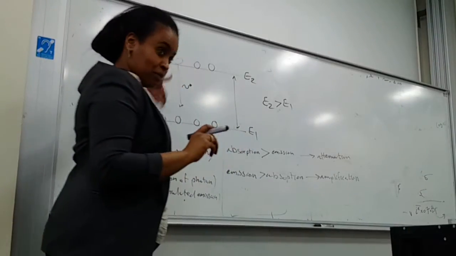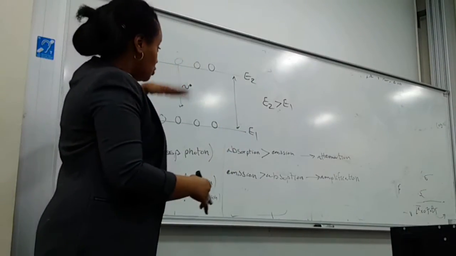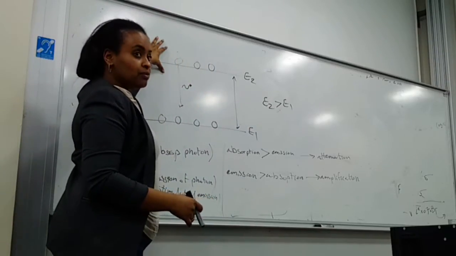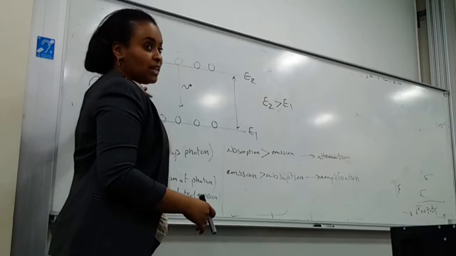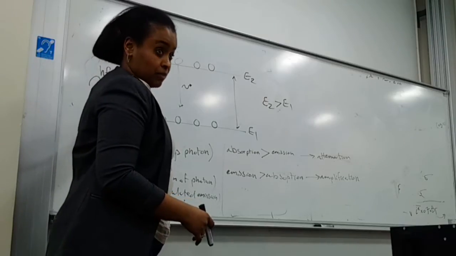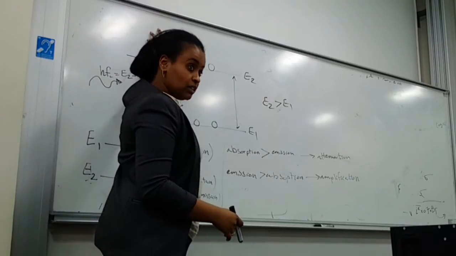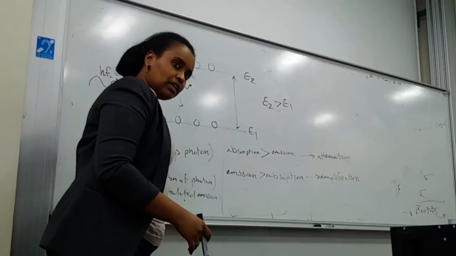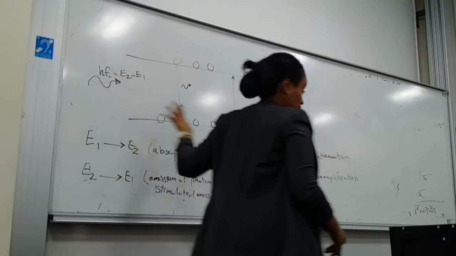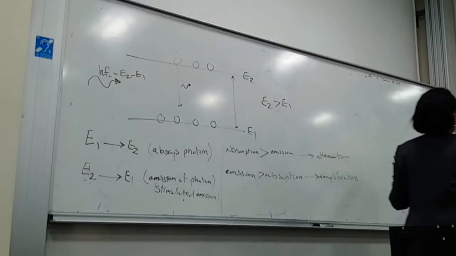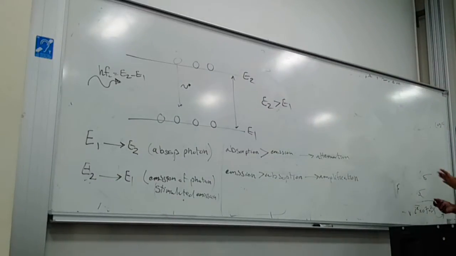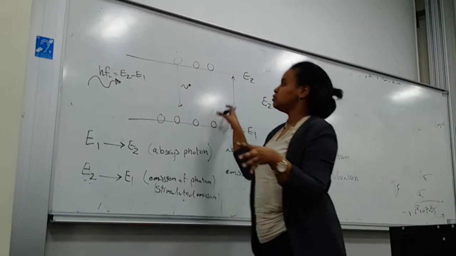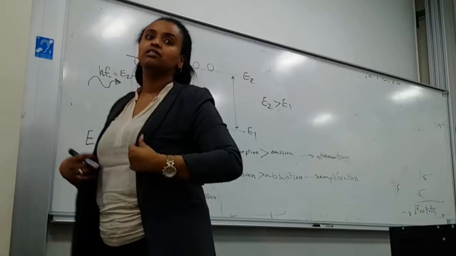If the rate is the same in the two directions, then to achieve amplification, we need to make sure that E2 has a higher population than E1. We need to have more atoms here than the atoms in E1. But at equilibrium, we know that systems, atoms here for us, tend to stay at the lower level.